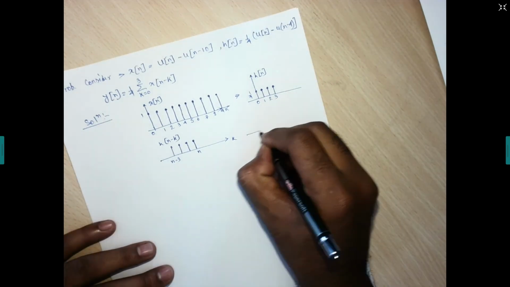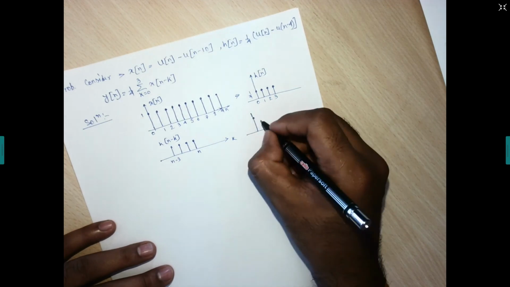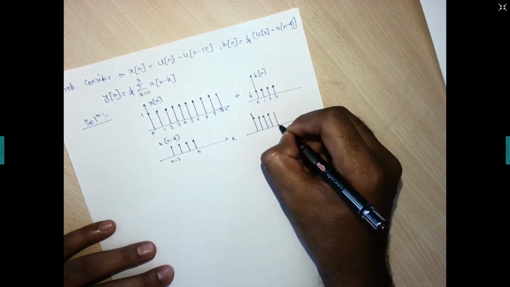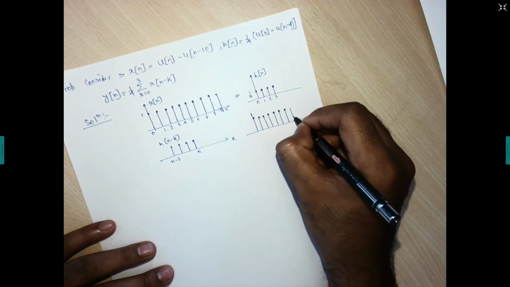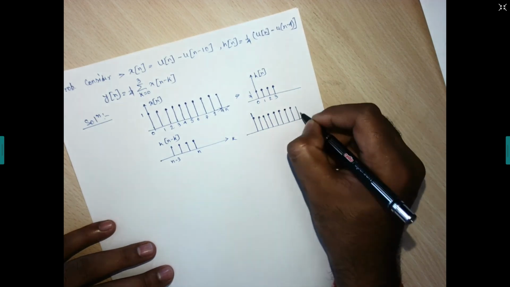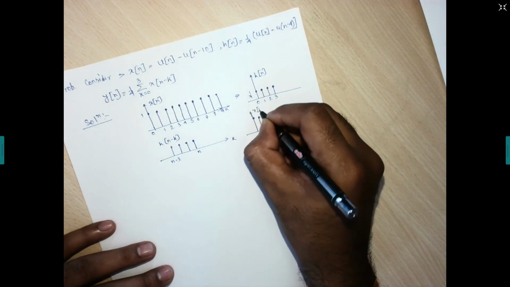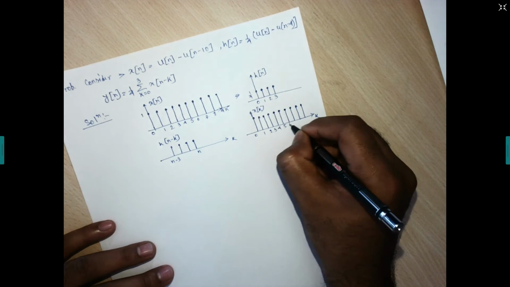So the same thing will appear on the k axis, 0, 1, 2, 3, 4, 5, 6, 7, 8 and 9. This is our xk.